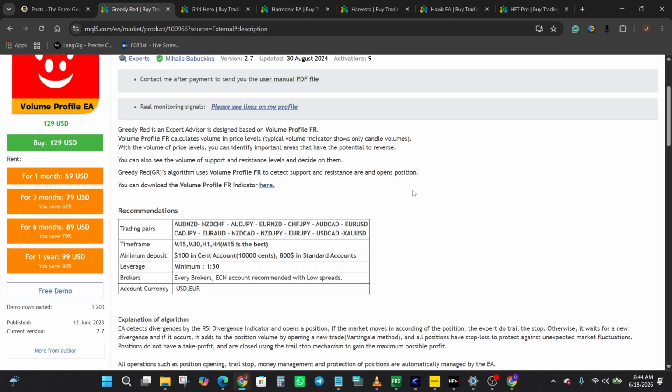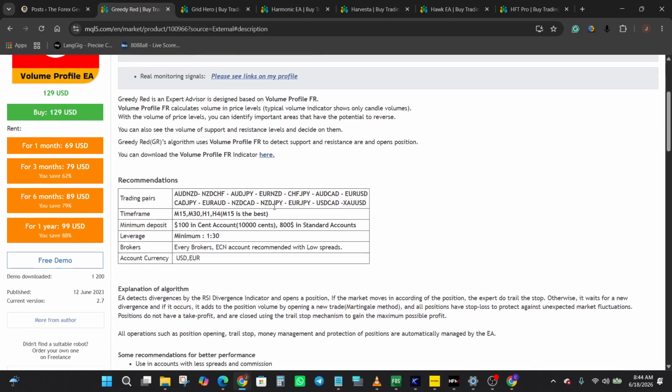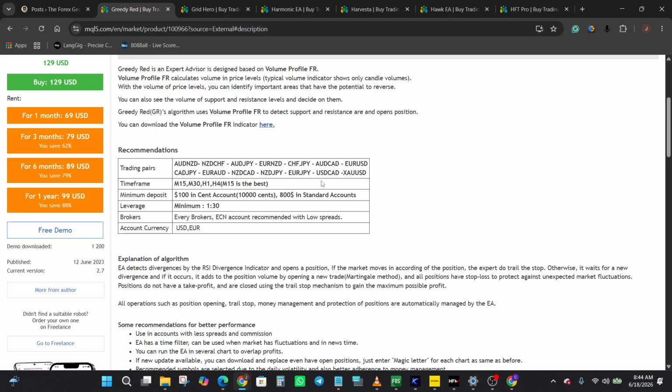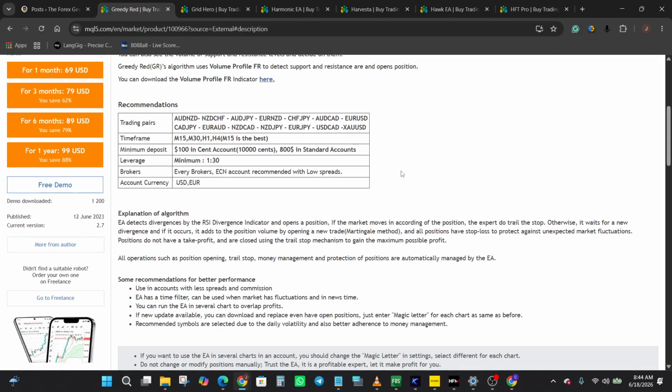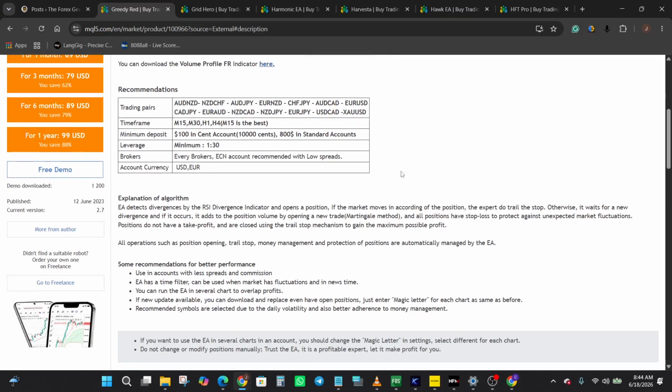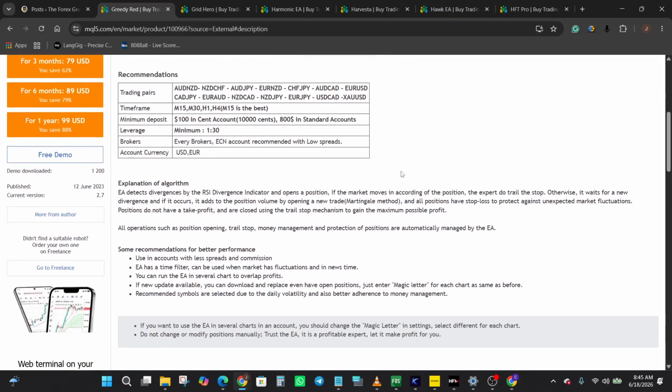Looking further down the page, the developer also explains that Greedy Red detects divergences using an RSI divergence indicator and opens positions based on those signals. One interesting aspect mentioned here is how positions are managed. If the market moves in favor of an open trade, the EA uses a trailing stop mechanism to manage exits.